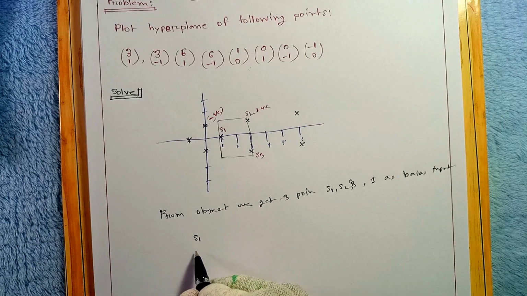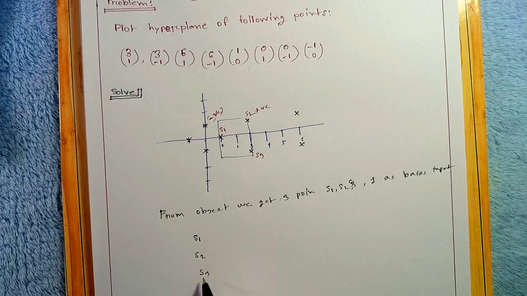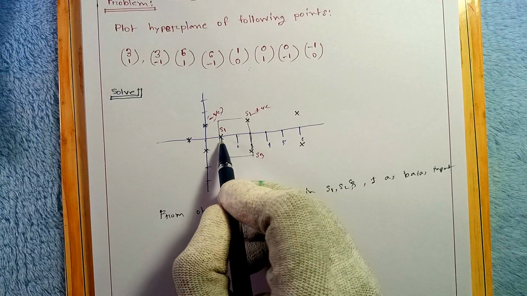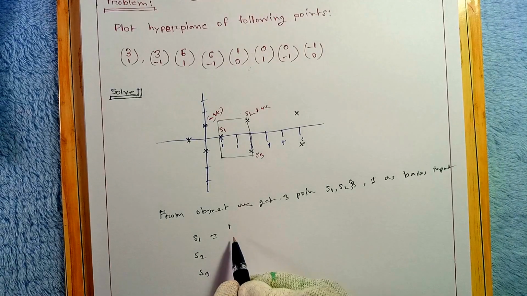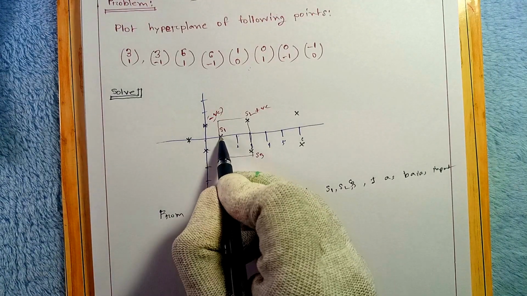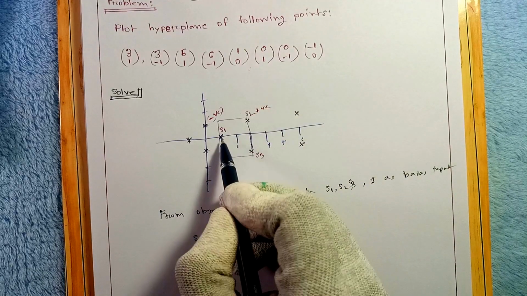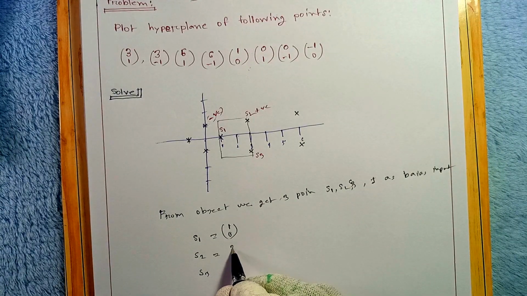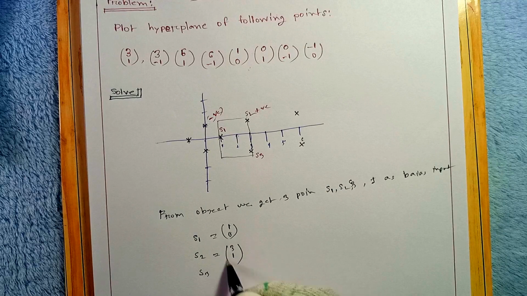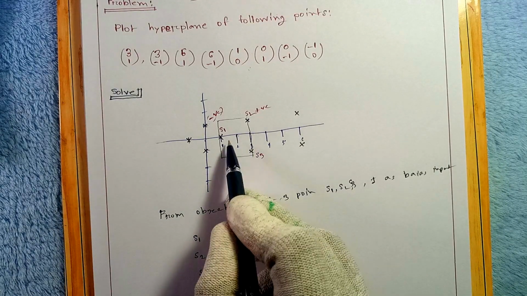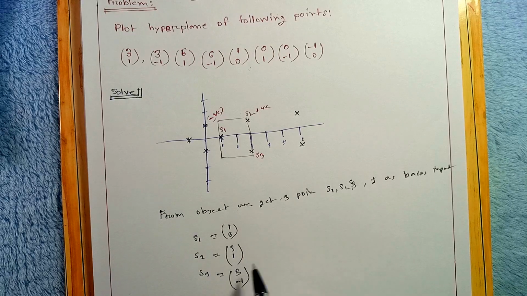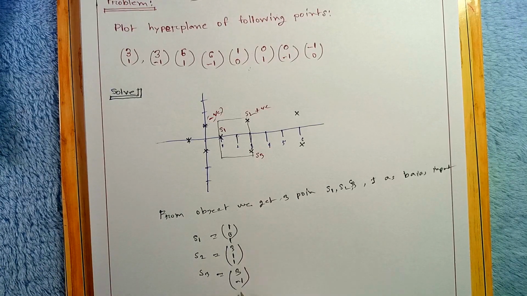So this is S1, S2, S3. Our S1 point is (1, 0), because this is 1 and then 0. S2 point is 1, 2, 3 and 1, so S2 is (3, 1). S3 point is 1, 2, 3 and -1, so S3 is (3, -1). We have to add the bias, so we add 1 here, 1 here and 1 here.